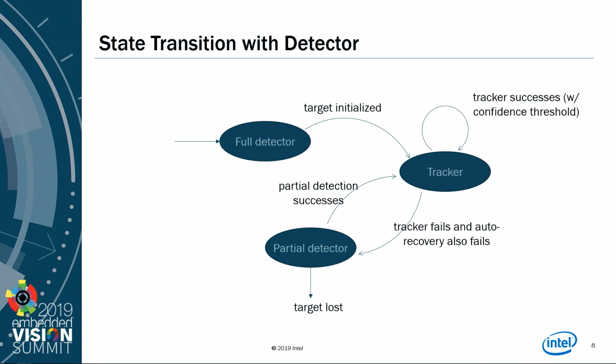The partial detector is essentially almost the same as the full detection, but it's just a local search. If the partial detector succeeds, it sends the information back to the trackers so that the loop continues. But if the partial detector also fails, the system decides the target is completely lost, and maybe we can start the entire state transition from scratch.